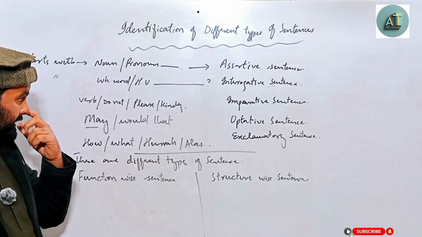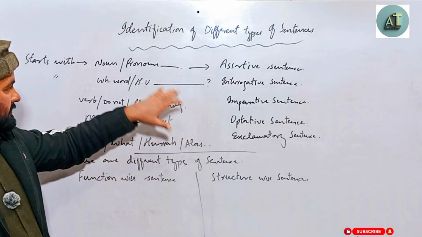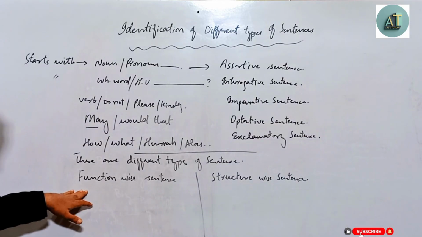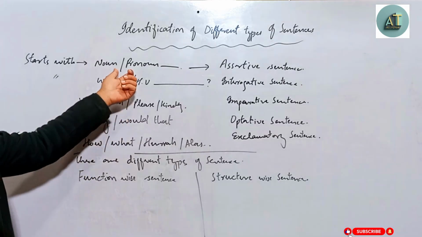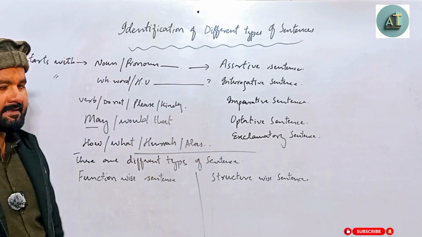There are different types of sentences like that. Next, I am trying to discuss function-wise sentences and structure-wise sentences. Function-wise sentences are assertive, interrogative, imperative, optative, and exclamatory.